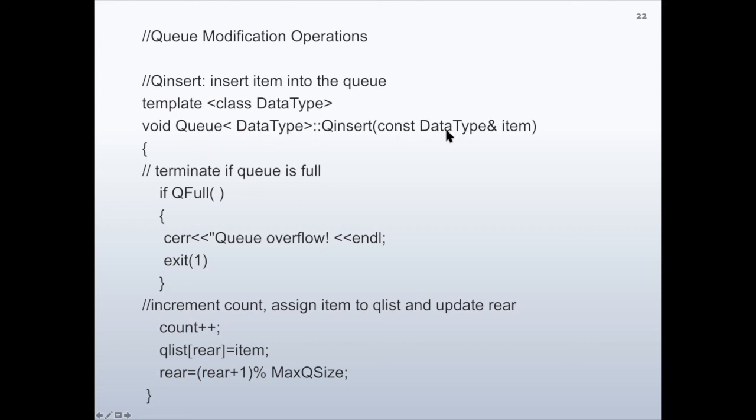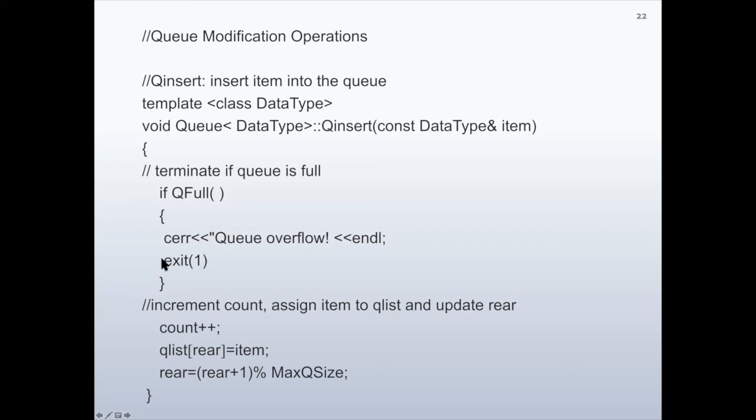Here there is a parameter called item of data type, which is a reference and it is set as a constant for not reserving space in the memory when it is called. It should terminate if the queue is full. If queue full, then at the error device we will see queue overflow and in the next line it exits the program.